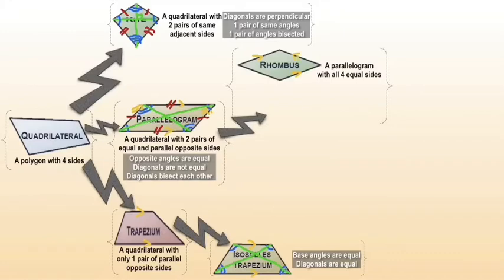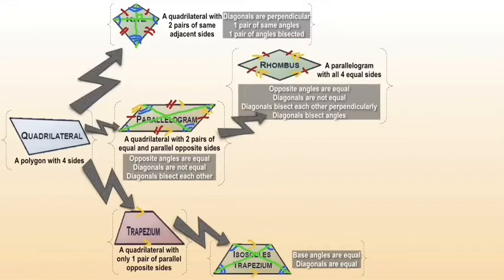And it says that a rhombus has all four equal sides, so these 4 sides are equal. The property of a rhombus is that its opposite angles are equal, so these two angles are equal and these two angles are equal.